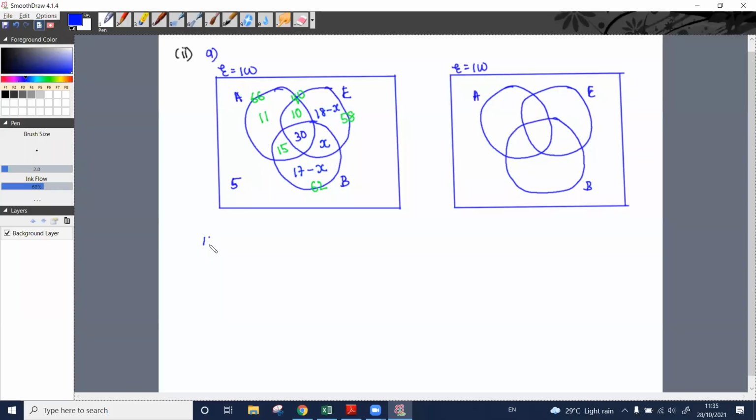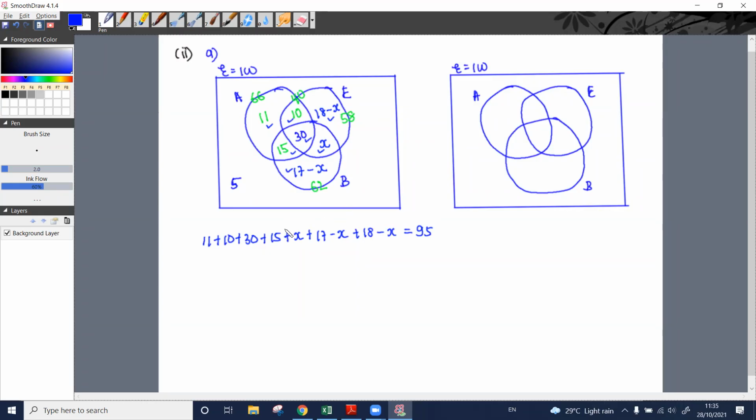That means 11, this one, plus 10, plus 30, plus 15, plus x, plus 17 minus x, plus 18 minus x should equal what? Not 100. Without these 5, what is it if it is 100? 95. Or otherwise, even if we add these 5 and write 100, it doesn't matter. Right?